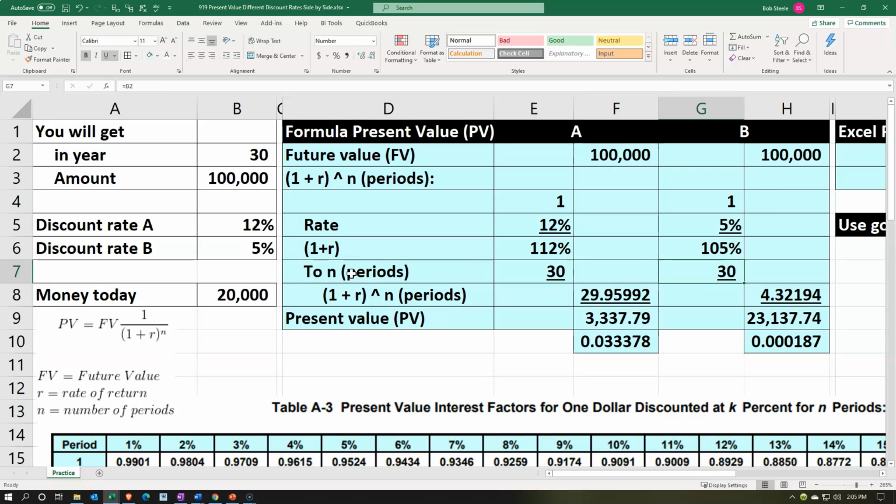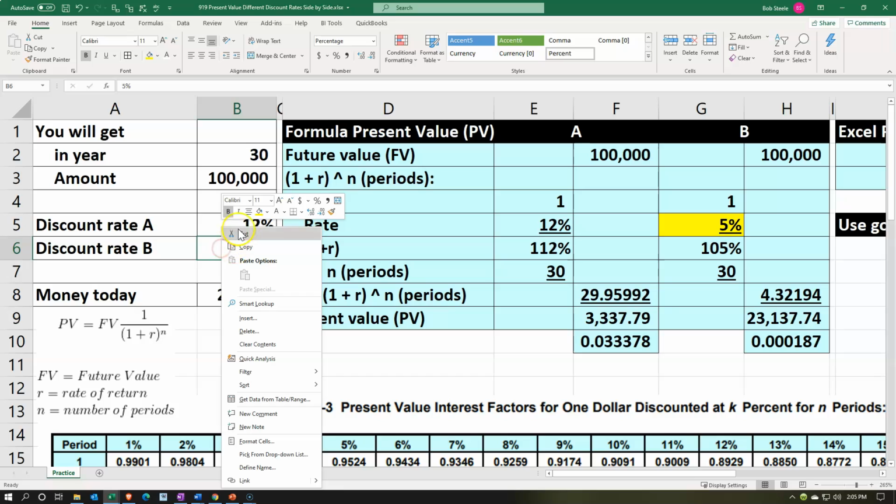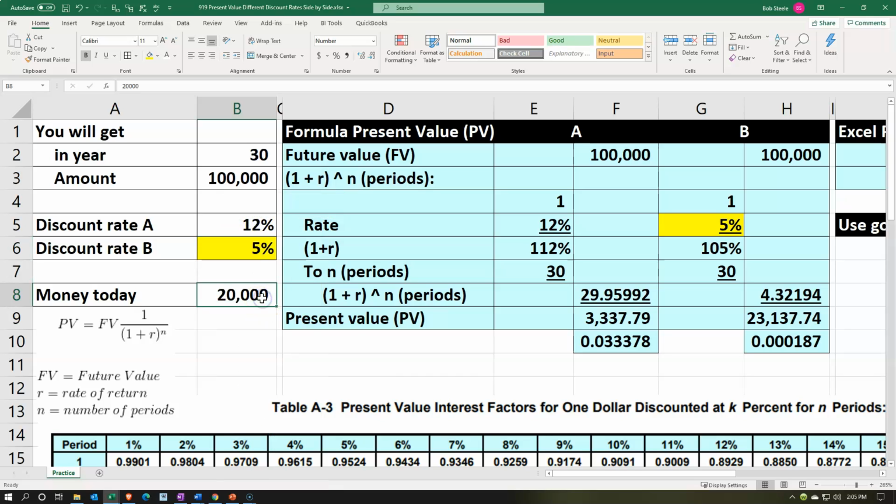That's what we're going to do. We're going to say, okay, let's change one of these rates. Let's pick this one. Let's change that rate, this 5% here, to whatever it needs to be in order to make these two things equivalent. Basically a break-even analysis to this 20,000, making the 100,000 in 30 years equivalent to the 20,000 today using the appropriate discount rate.